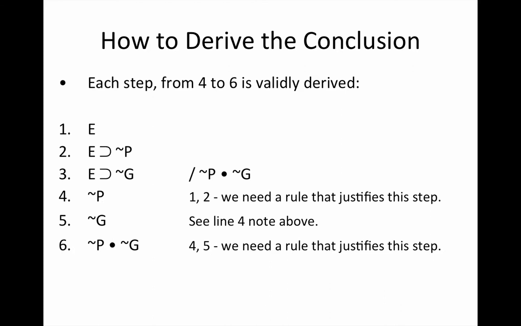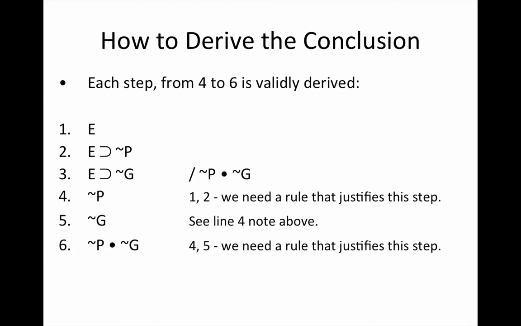And when you look at sentences 1 and 2 and sentences 1 and 3, you see two versions of one valid argument form. Sentence 1 says that E is. Sentence 2 says that if E is, then P is not. That allows us, these two sentences, to infer that not P.